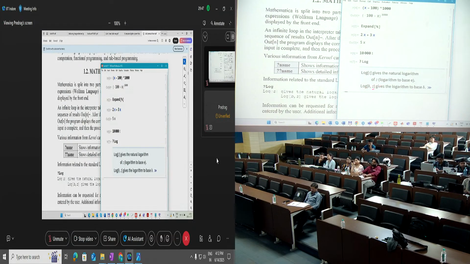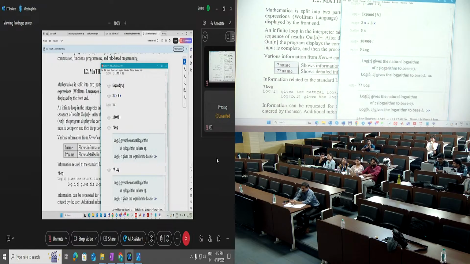If we want another base, we will use syntax with another parameter. If we want more detailed information about the function Log, we will put two question marks, Shift Enter after that.